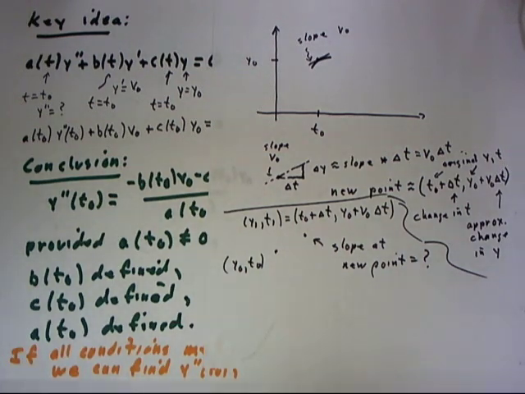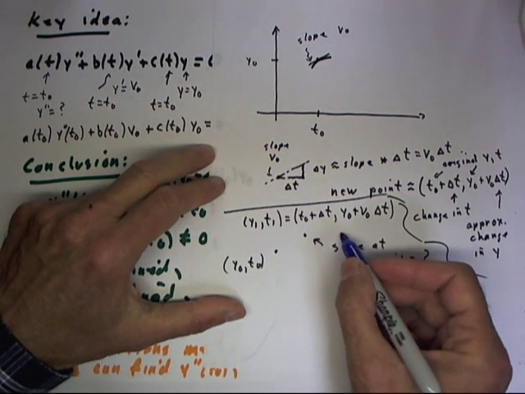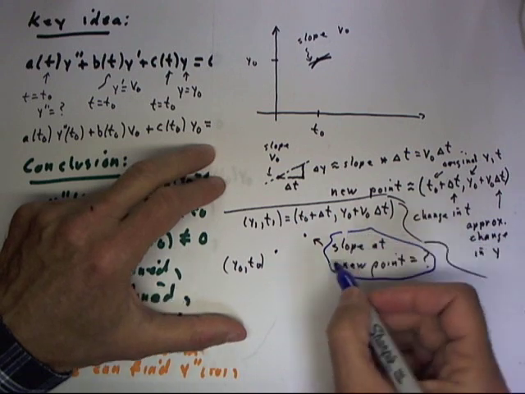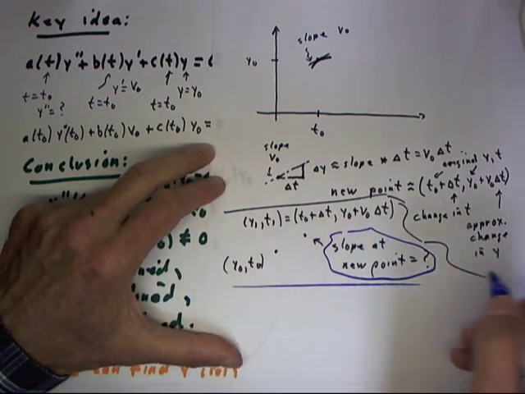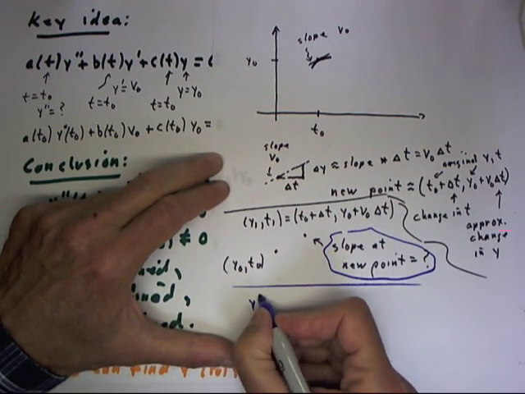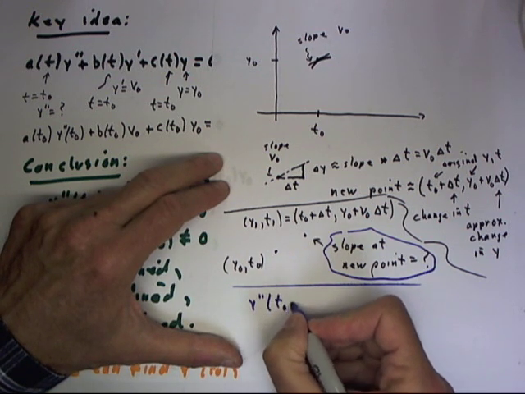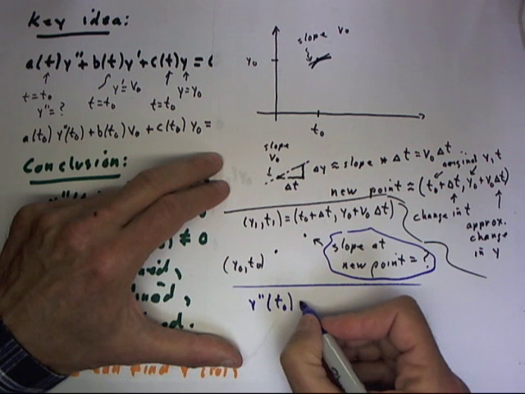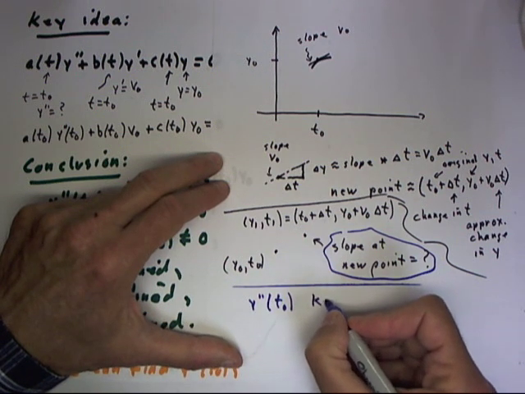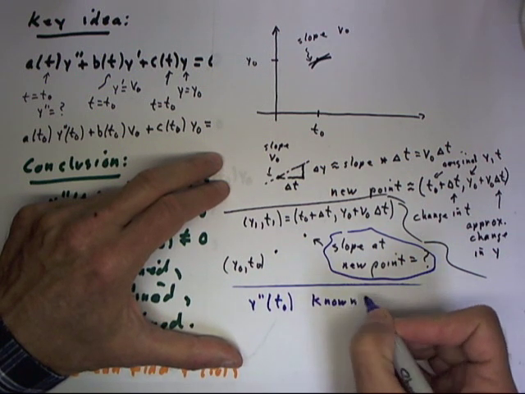The key question then is, how can we find our new slope? Well, we know that y double prime at t naught is, well, this is known.